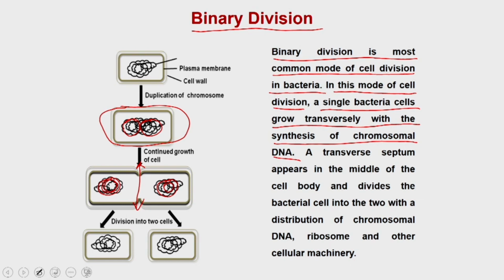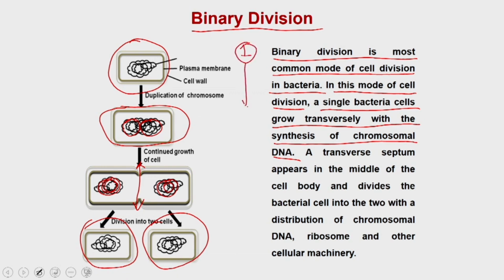So, from the one single mother cell, you get two daughter cells, one is this and the other is this. At the end of binary fission, one bacterium is converted into two bacteria, and if you continue like this, the two bacteria will continue to give you 4 and so on.